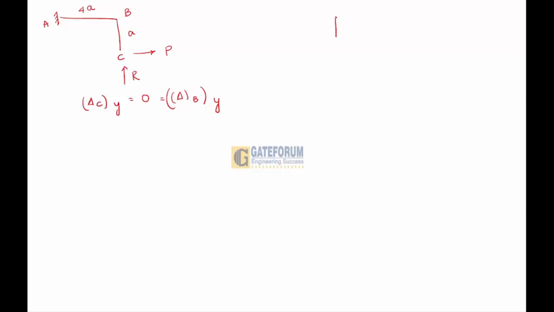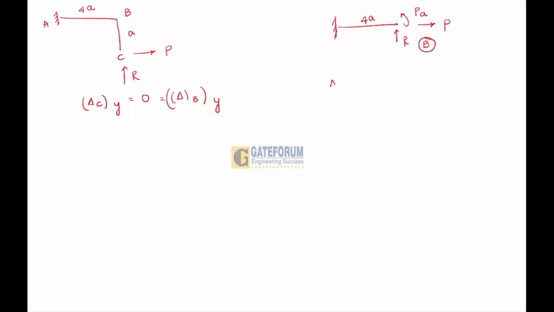Same way, if this is the condition, this is 4A, at point B you have some reaction and also the moment, which will be in the x direction. This will be the moment.